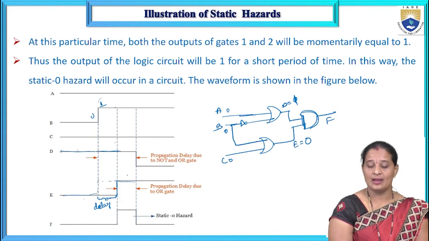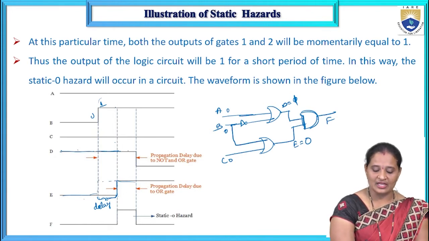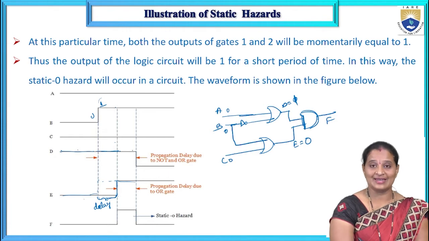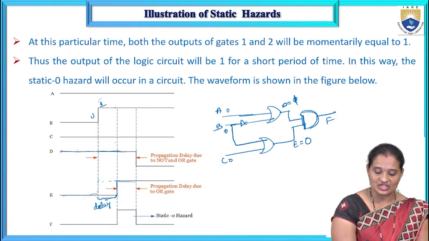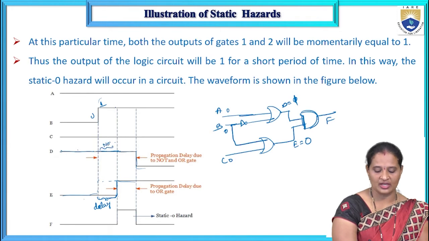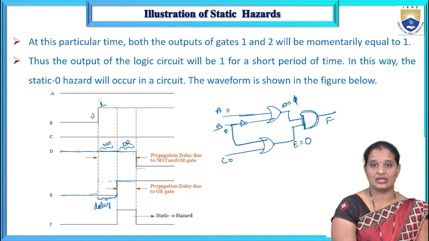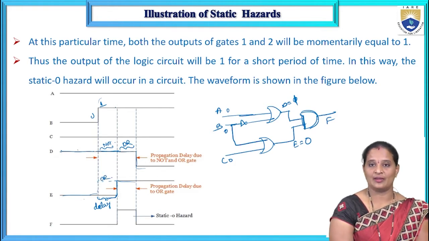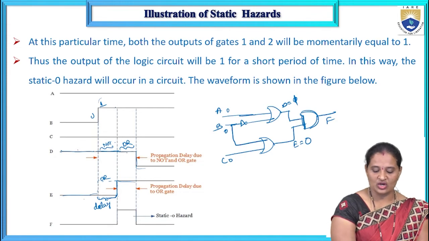The delay of this first OR gate is greater than this one, so it changes after that. Let us consider this as the NOT gate delay and this as the OR gate delay. Two gate delays we have, whereas this is only one OR gate delay. So that is why it is not changing its state to 0 yet, whereas this one is changing to 1.